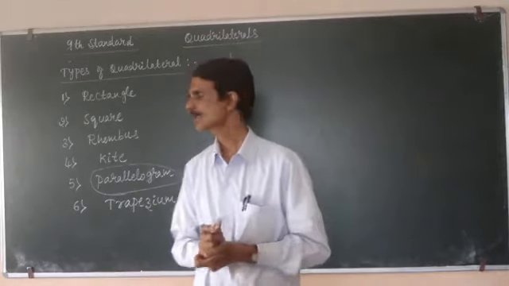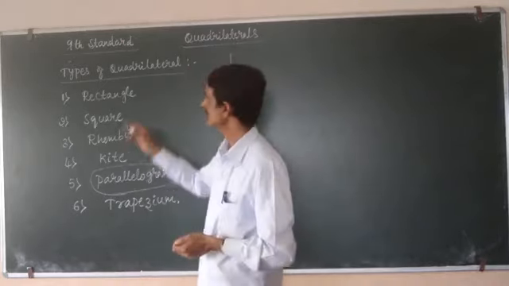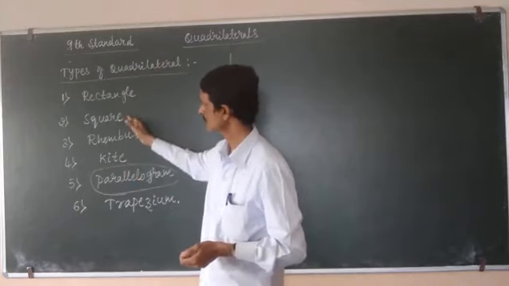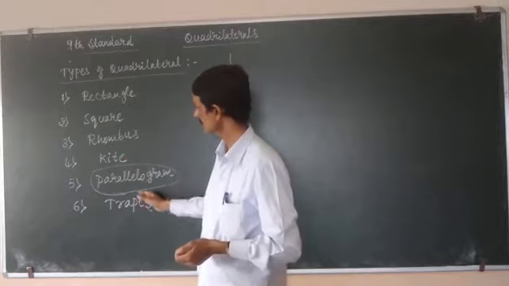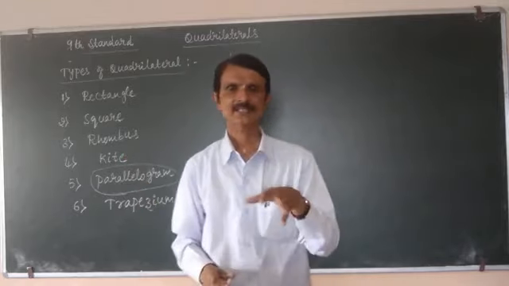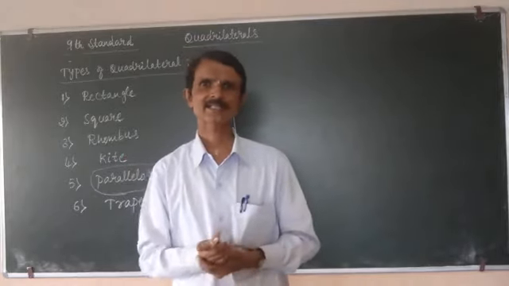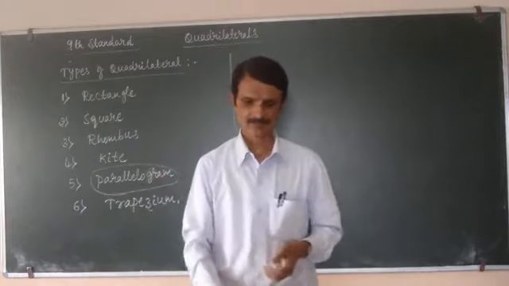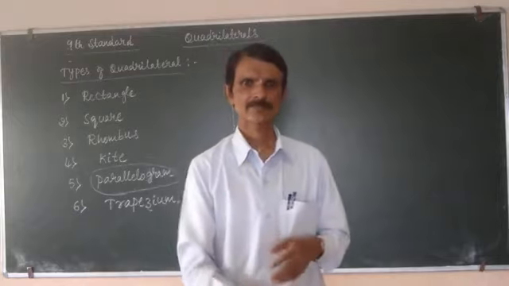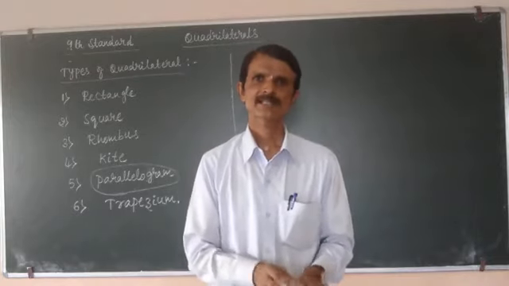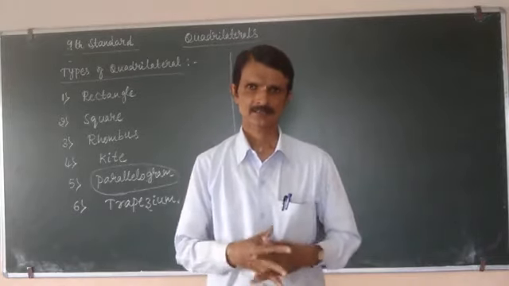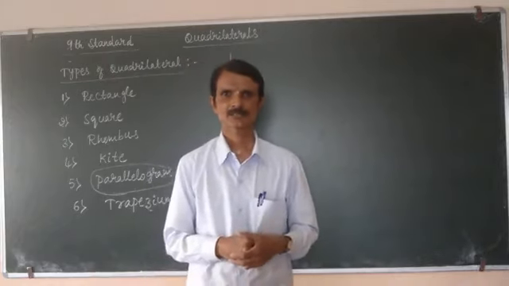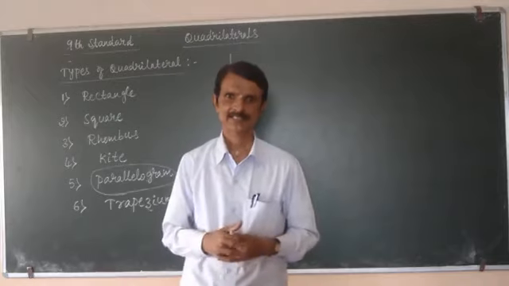Lastly, we have seen the types of quadrilateral: rectangle, square, rhombus, parallelogram, trapezium. In this class, that means ninth standard, we will study different types of parallelograms depending upon their angles, diagonals, and sides. Okay, we will see in the next class.